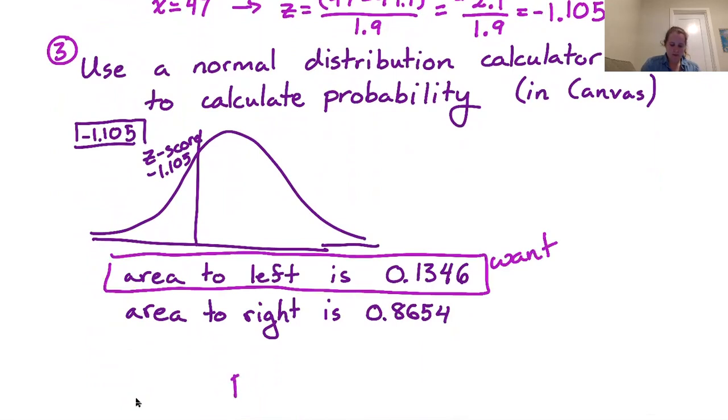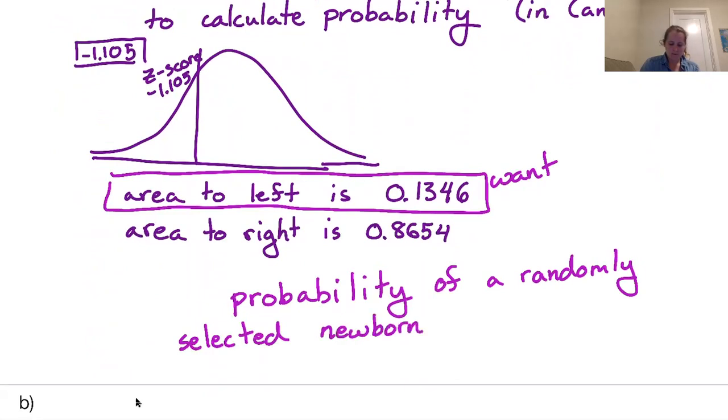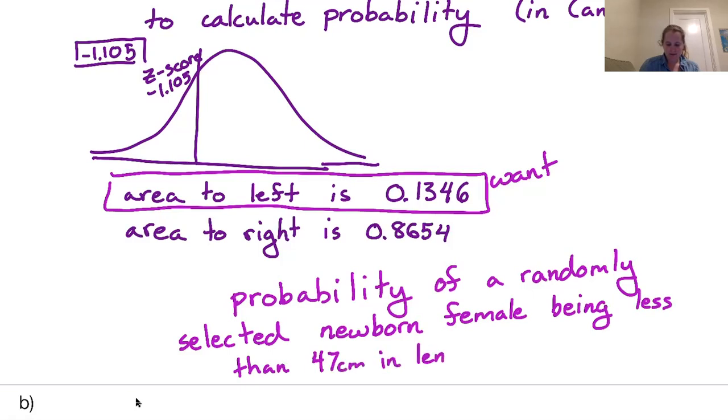And we wind up getting that the probability of a randomly selected newborn female being less than or shorter than 47 centimeters in length is 0.1346.